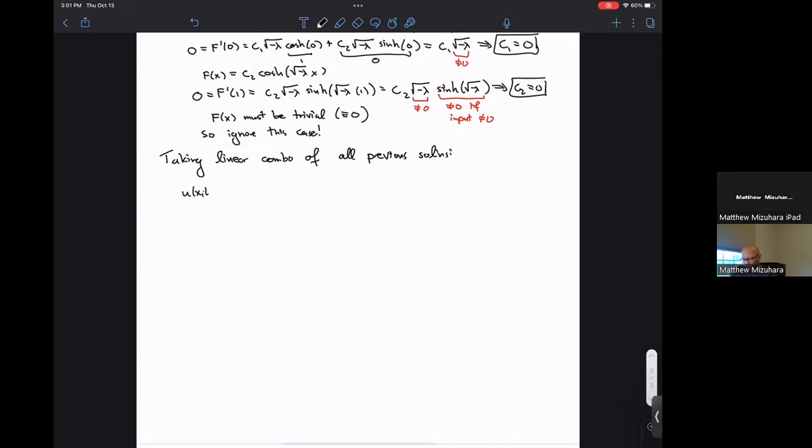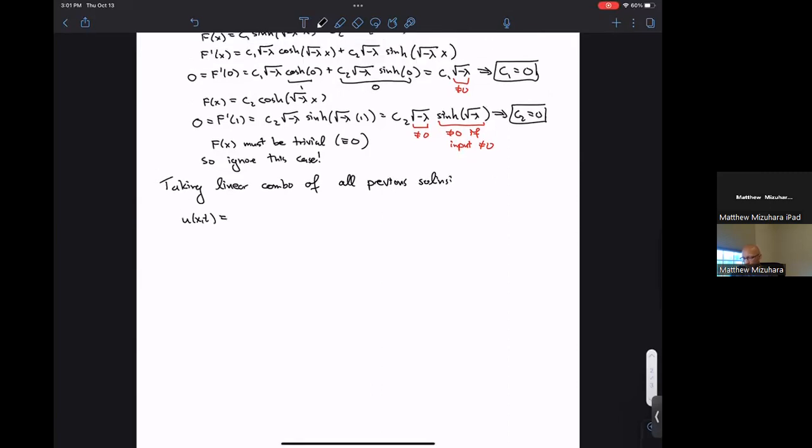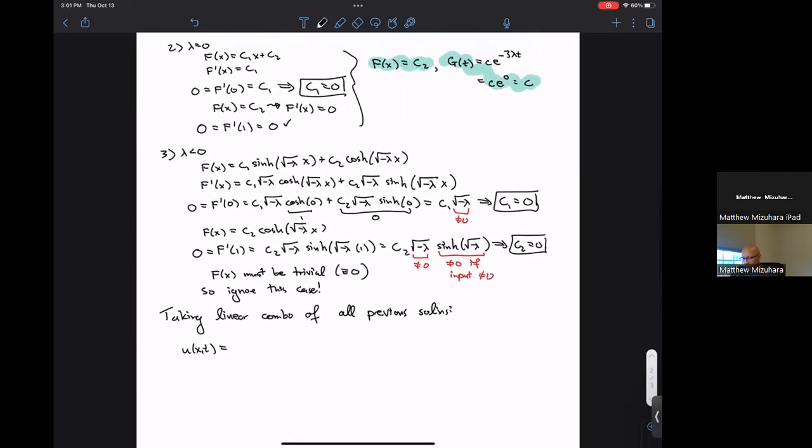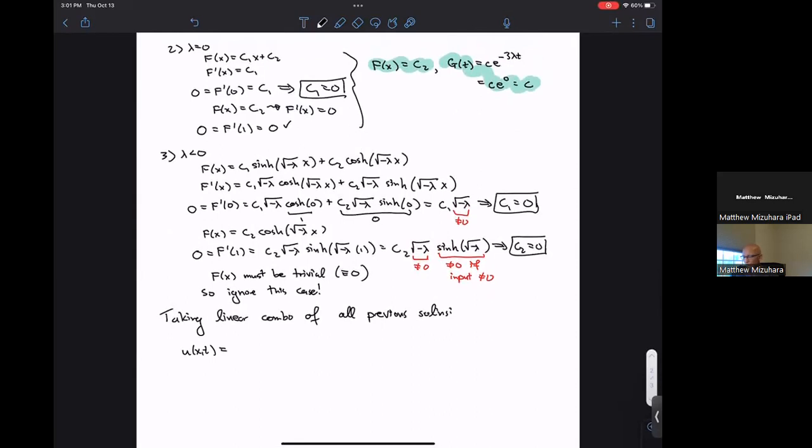So u of x, t equals, and there's a couple ways you can write this. I'll sort of separate the cases out. On the one hand, I have the constant fg. So I'll call that, it's a constant. The convention is often to call that a0.